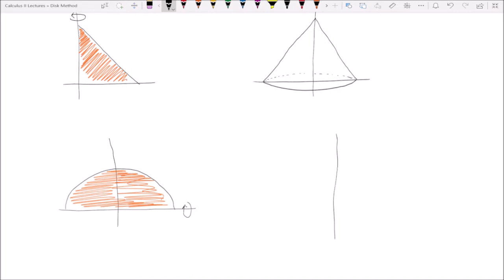Well then, in this case, let's draw it this way.